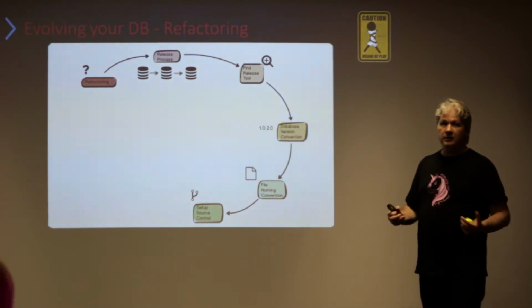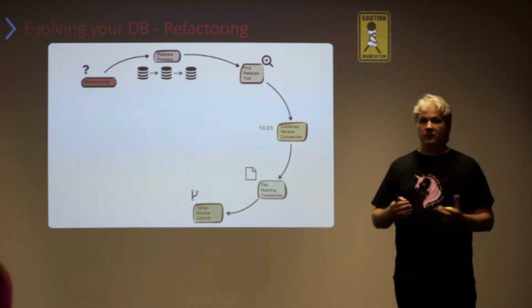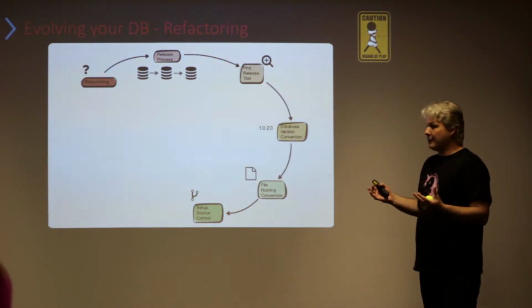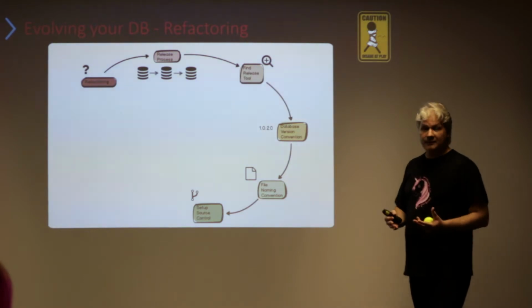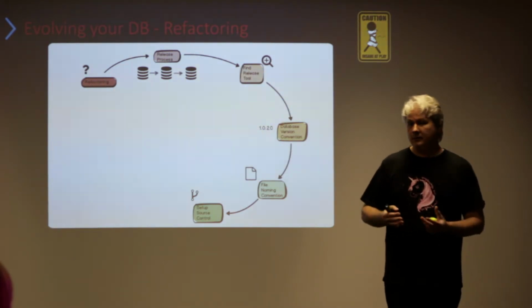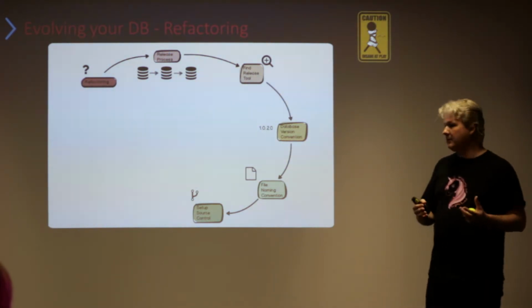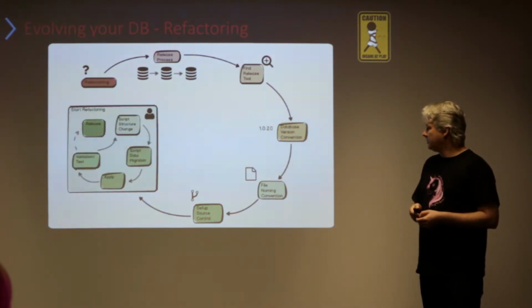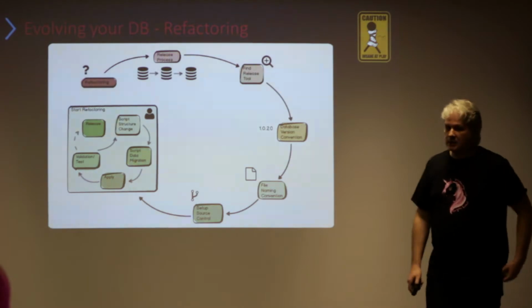We also need to start putting these changes to our database under source code control, because that's ultimately a really good practice. Not enough DBAs do this. Not enough DBAs or database-focused people spend time taking the source of their database and actually putting it under source code control. And then we can actually start refactoring.